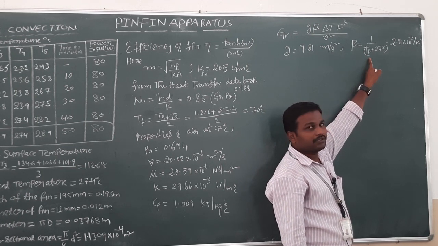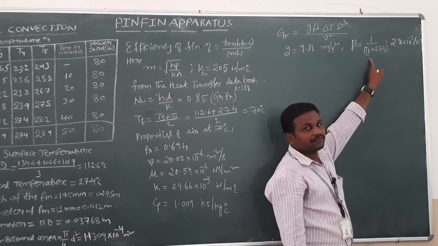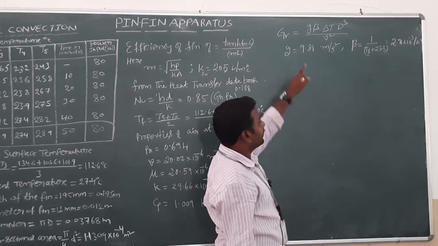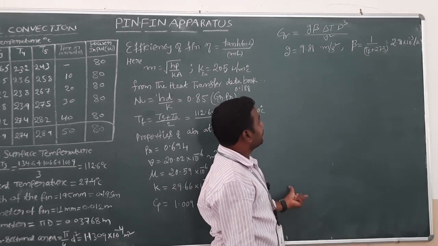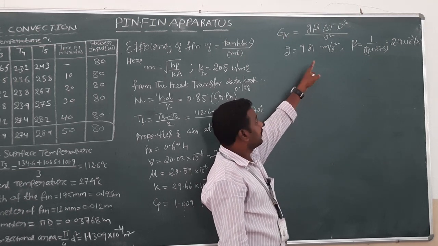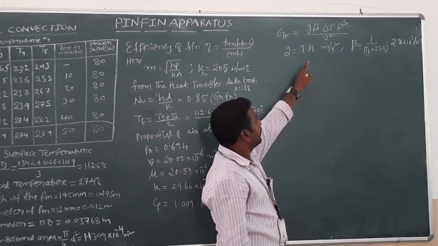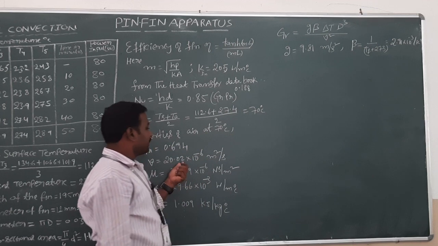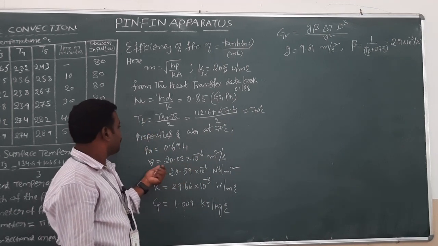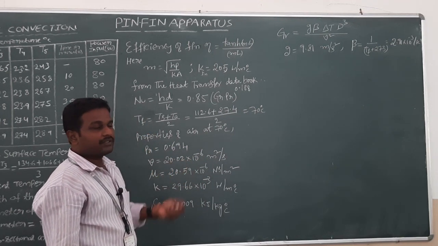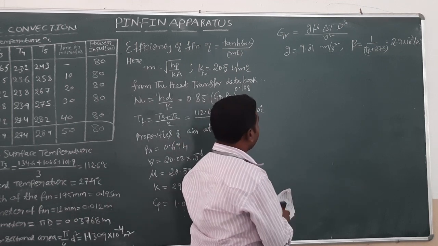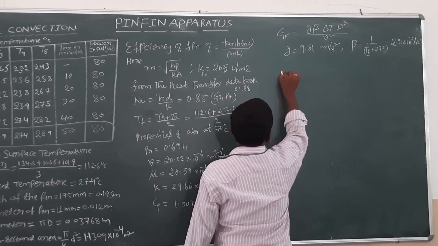Here we need to substitute the film temperature value in kelvins, and delta T means the difference between the surface temperature and the ambient temperature, and D is the diameter of the fin, and nu square is the kinematic viscosity, already taken from the properties table in the heat transfer data book. Substitute all the values in the Grashof number.